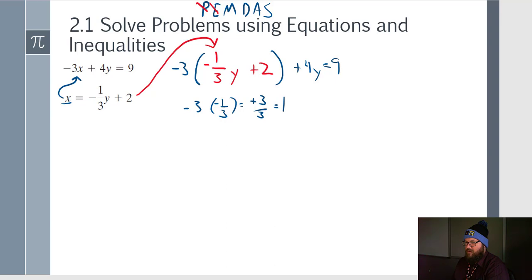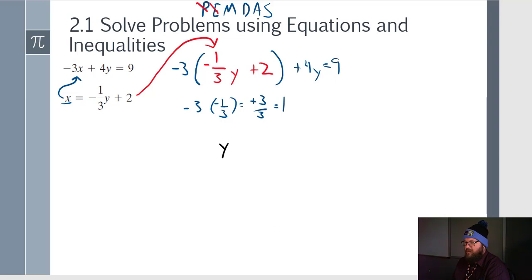So we should initially get just a y. I'm not going to write the 1 in front of it, it's understood. Negative 3 times negative 1/3 y gives me y.